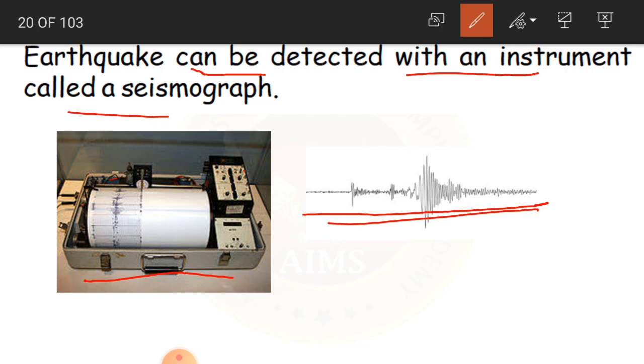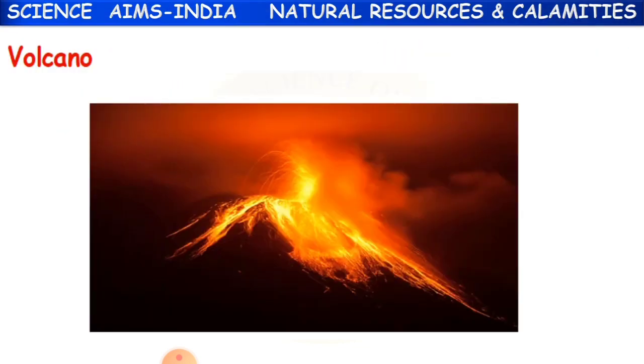Same here, the earthquake is read in the form of a graph. And this instrument which gives us that graph is known as a seismograph. Clear children?